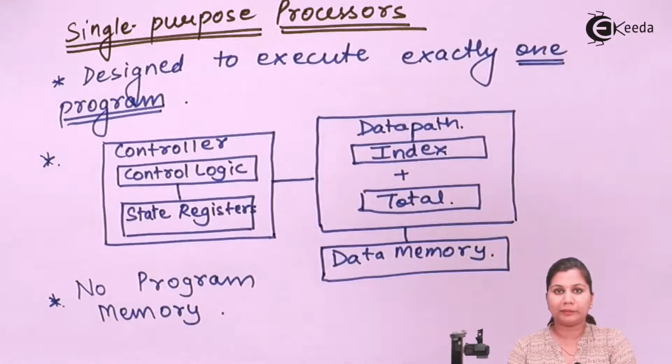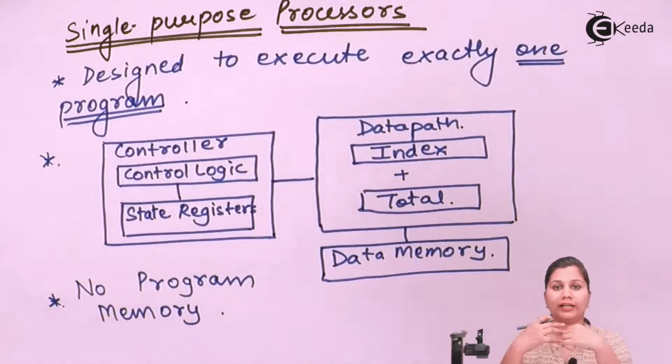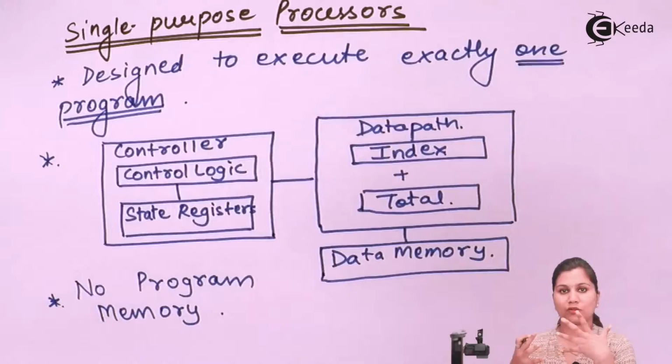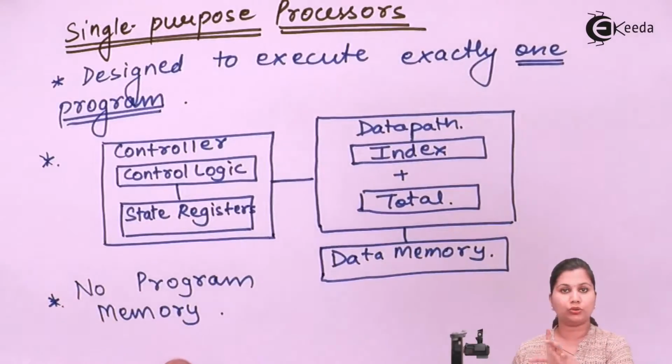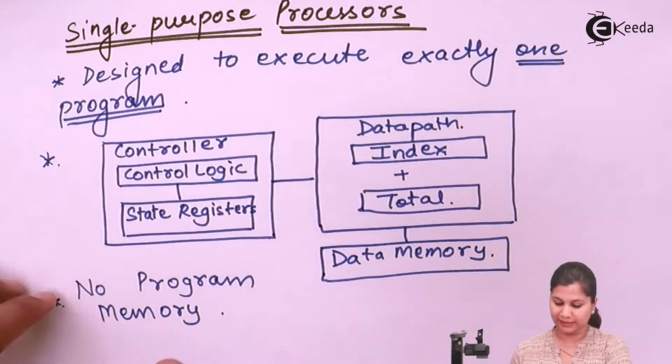But in the general purpose processor, because they are to be used for a variety of applications, different components are present, and the number of components is also very large. But here, because it has to execute only a single program, only the components needed to execute that program will be present, and no program memory.